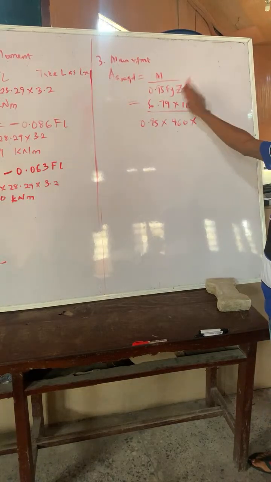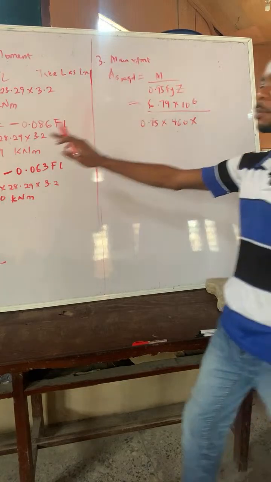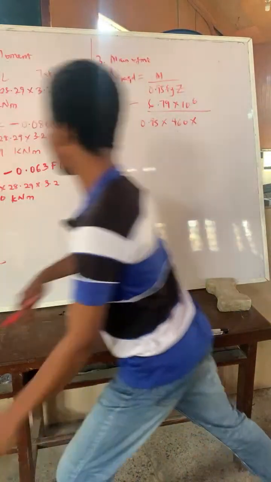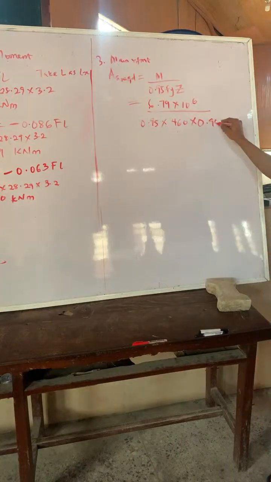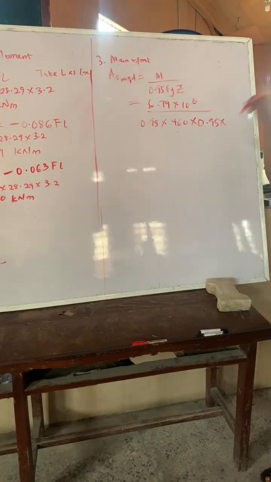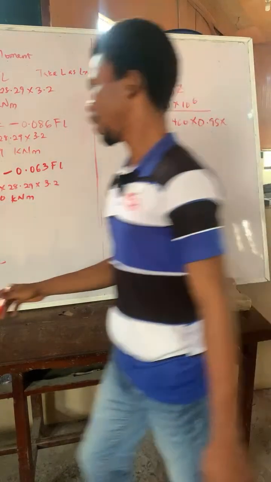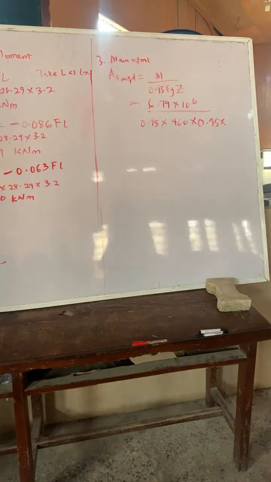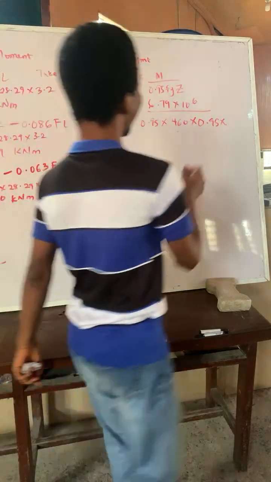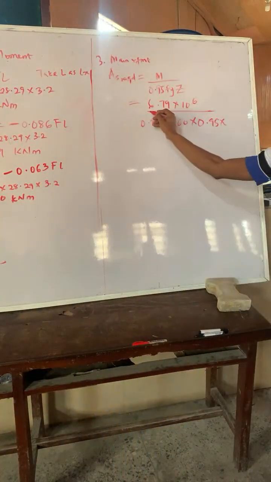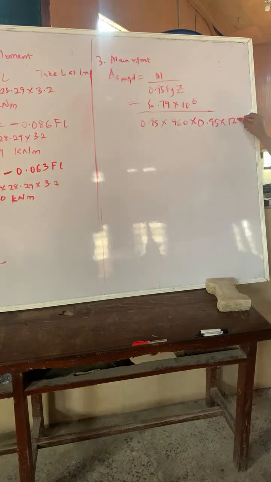Times, what's our z? Type d. 0.95. Then we now input our d as 124, our effective depth, d, as z. 124.